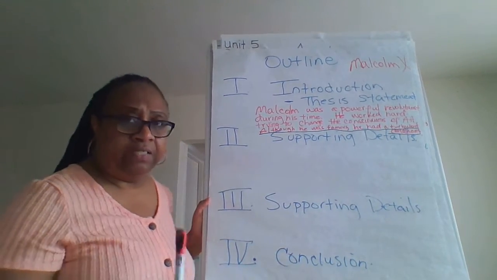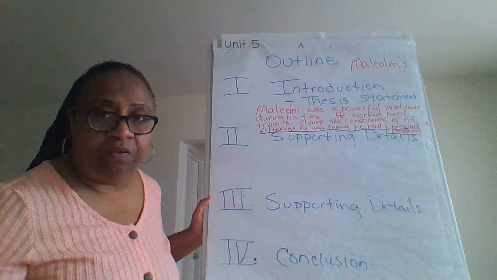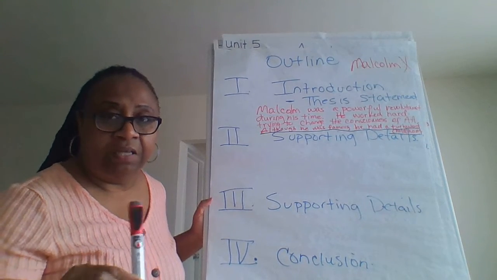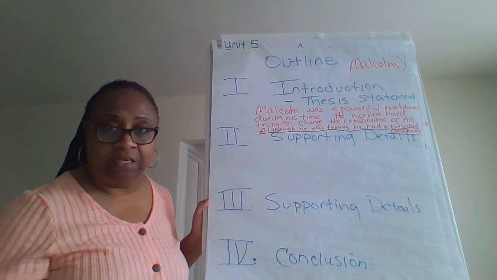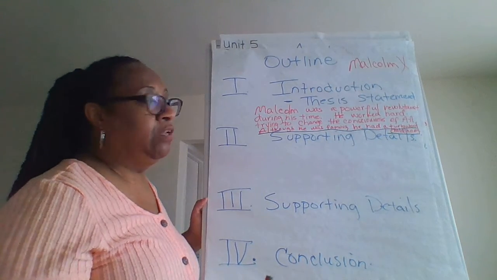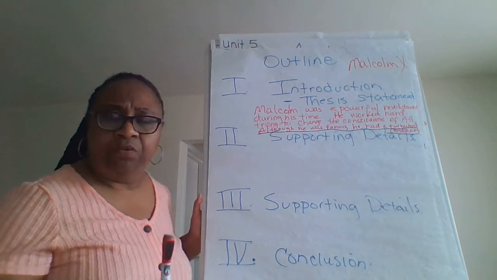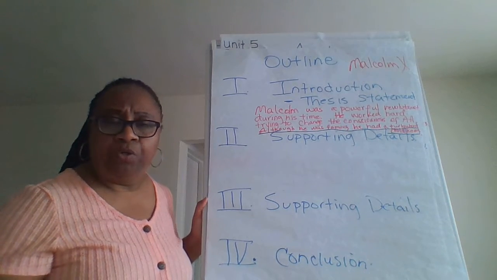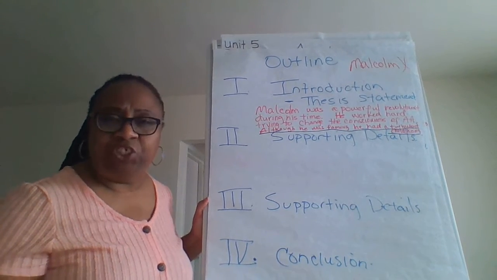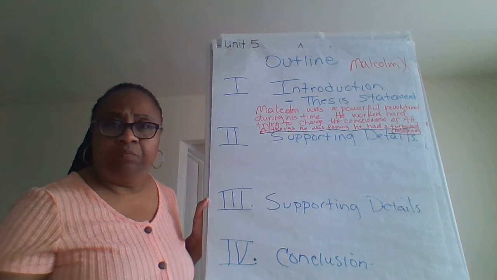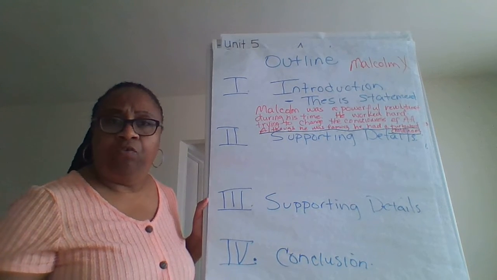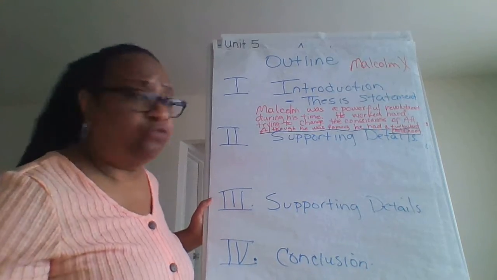When we see the suffix -ist, we know that suffix means a person. So a revolutionist is a person who wants to bring about change. Malcolm was a revolutionist. He wanted to bring about change for the African American people in this country.